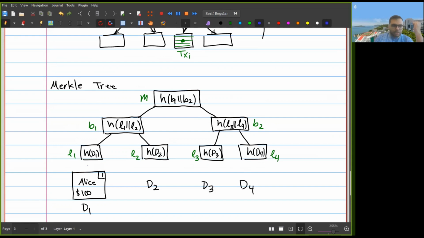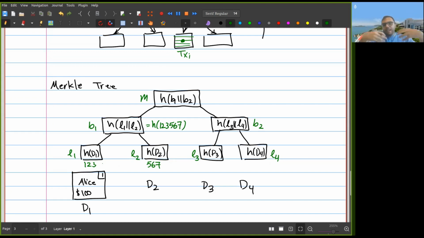Let's say the hash of D1 was 1, 2, 3, and the hash of D2 was 5, 6, 7. What I'm doing here is computing the hash of 1, 2, 3, 5, 6, 7. I'm putting these two hashes together, and then hashing them.